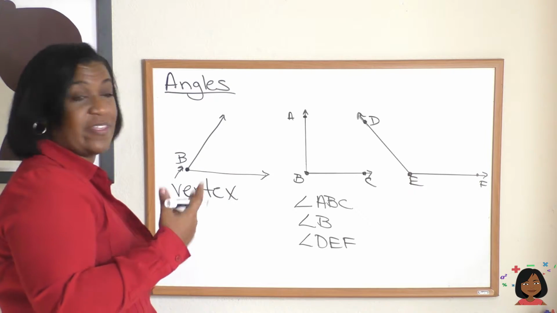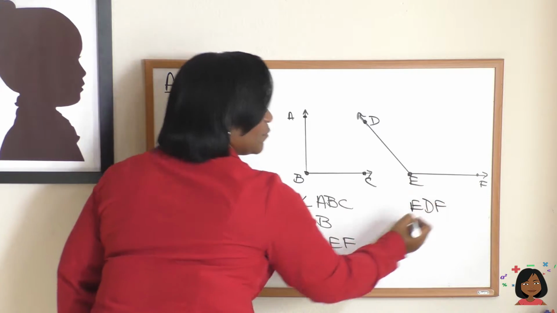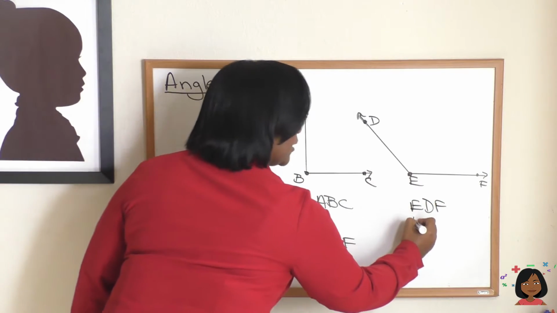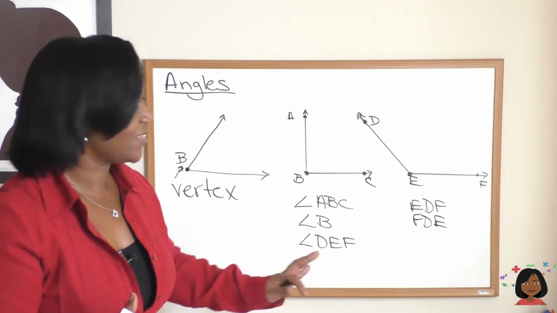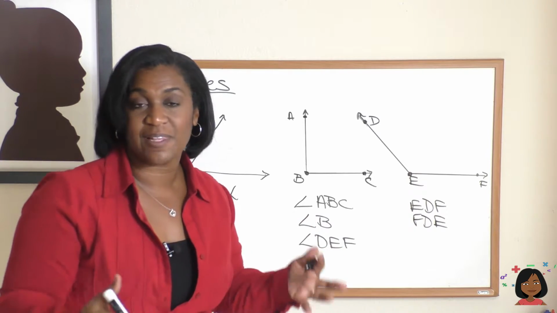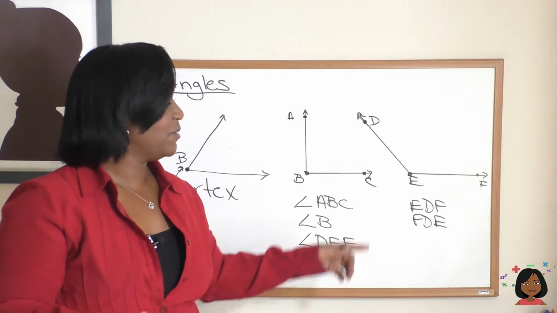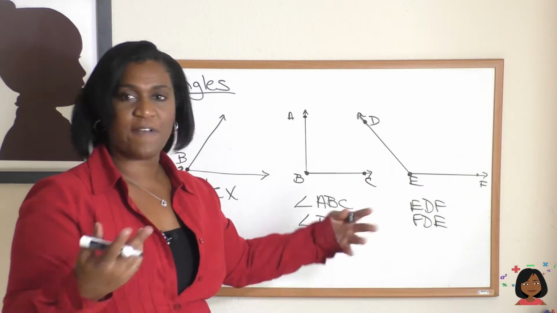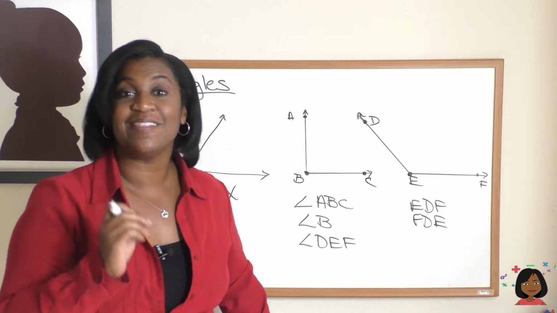We cannot call this angle EDF or FDE. That vertex always has to be in the middle if we're going to call three of the letters. So remember, DEF is okay, but in this situation, EDF, FDE doesn't work. The vertex always has to be in the middle.